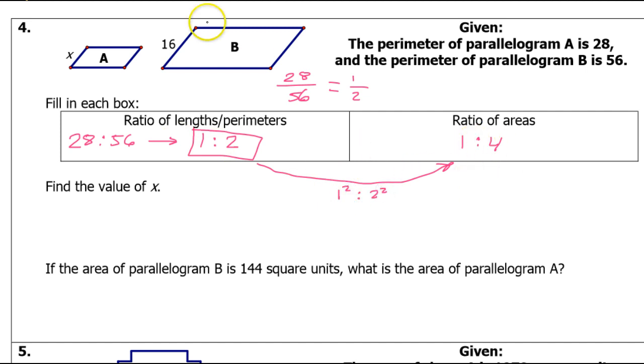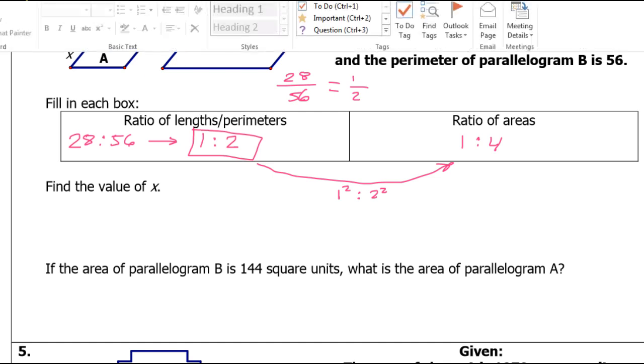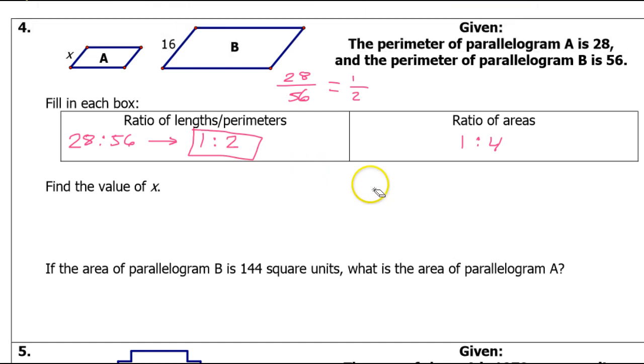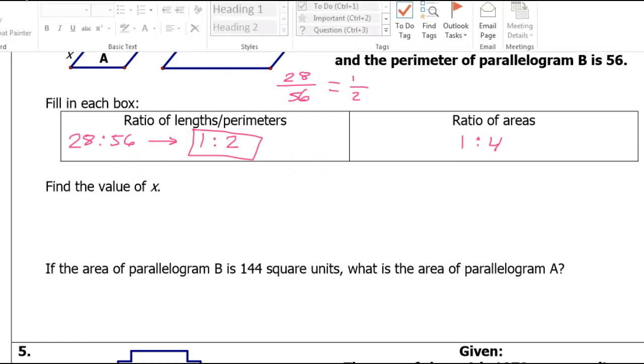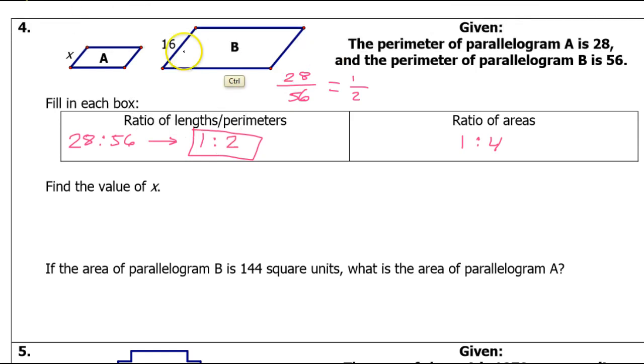So that's 1 to 4. All right, now find the value of x. Well, obviously it's going to be 8, because a ratio of 1 to 2, that means we're doubling. So that means this must have been 8. But let's go through the motions.